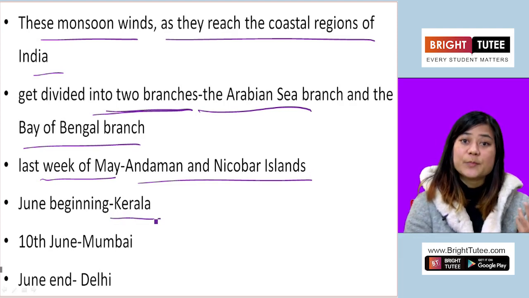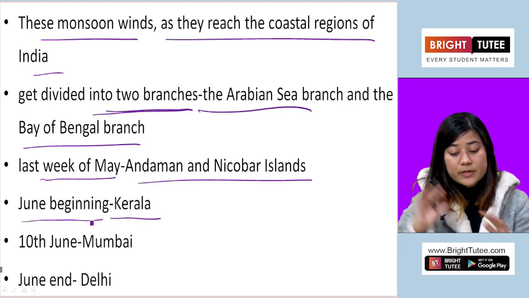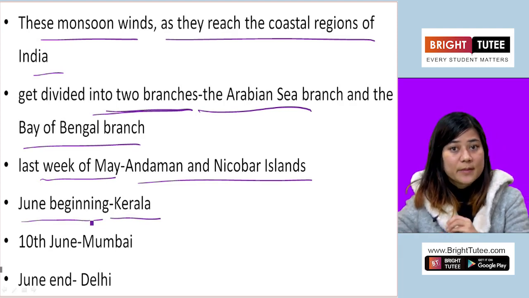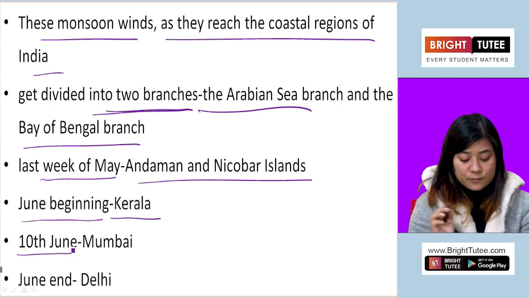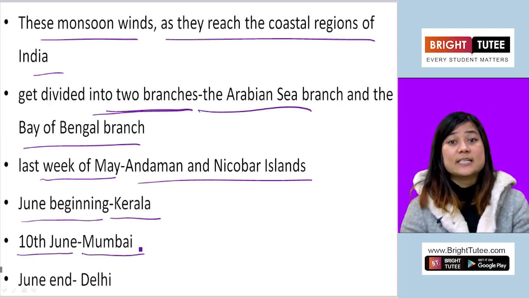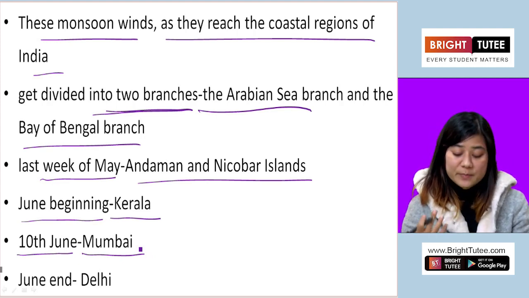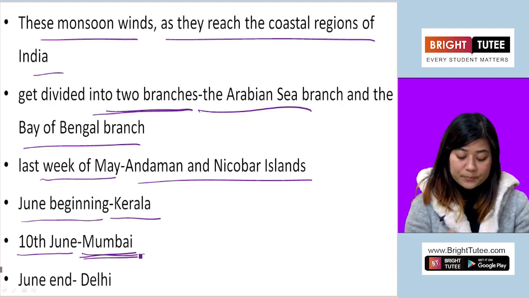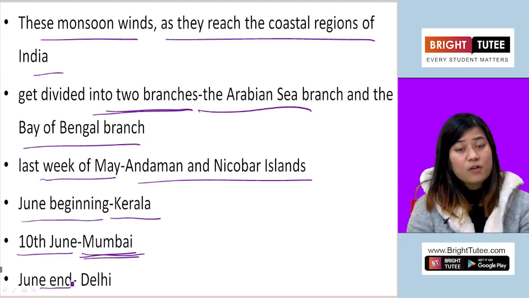And Kerala experiences the monsoon in the beginning of June. So in May, it reaches Andaman and Nicobar. In June, Kerala. By the 10th of June, Mumbai is hit by the monsoon winds and experiences rainfall. And Delhi experiences the same by the end of June.